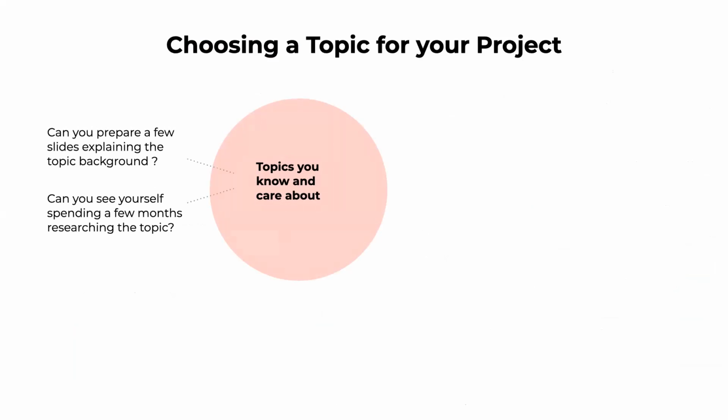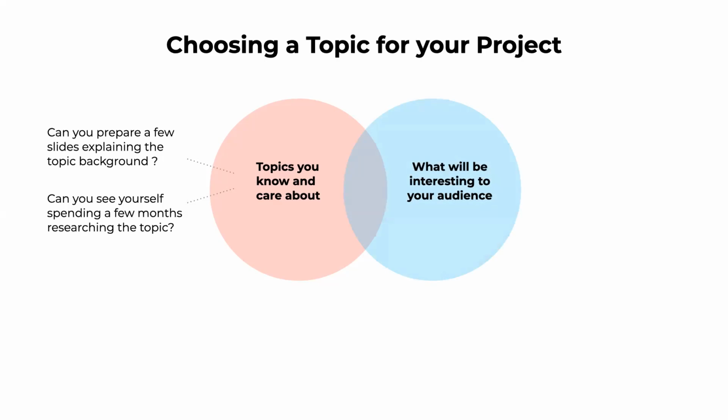If you don't see yourself continuing and being motivated by researching this topic, even when issues arise, like there's not a lot of data available, or maybe you cannot find exactly all the information in one place, you have to collect it from multiple different places, that should be an answer for you whether that topic is the topic for you. So find a topic that you know and you care about.